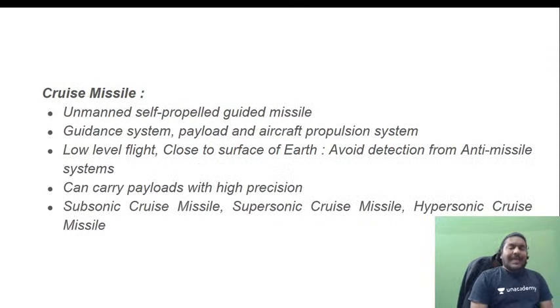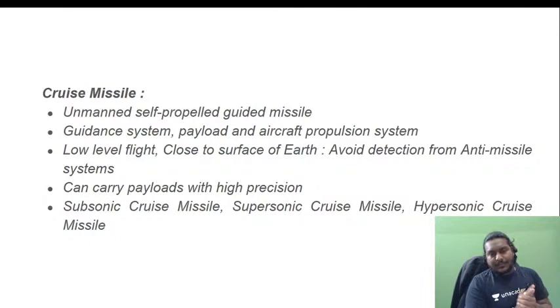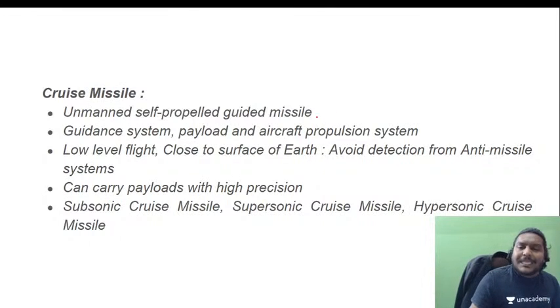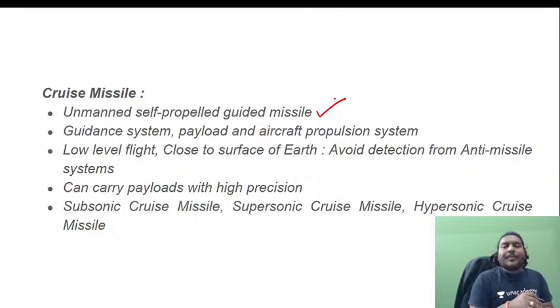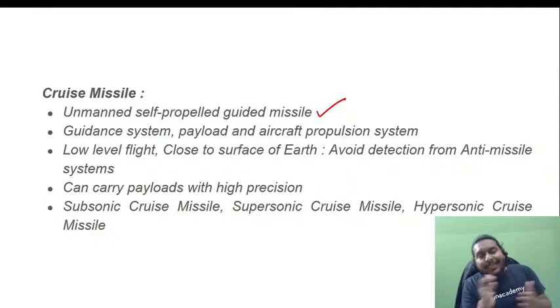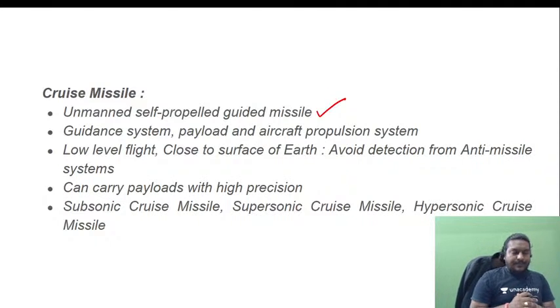Now, I said that we would be classifying in a better way between the cruise missiles and the ballistic missiles. A cruise missile or a ballistic missile, both are unmanned without any doubt. But the cruise missile is a guided missile where you would have a guidance system guiding it about where to attack and all.